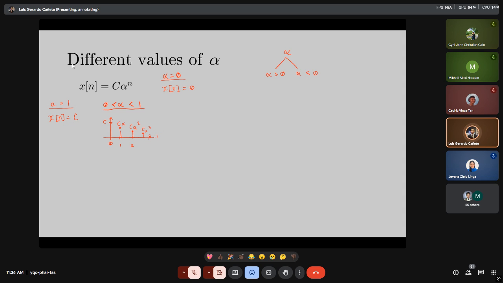Now, this might be a little bit easier if we were to assign some value onto alpha, right? So let's say, for example, alpha is 0.9, right? So that's like saying if c is this value here, then c times alpha is going to be 90% of c, right? So 90% of c is not c, it's going to be less than c.